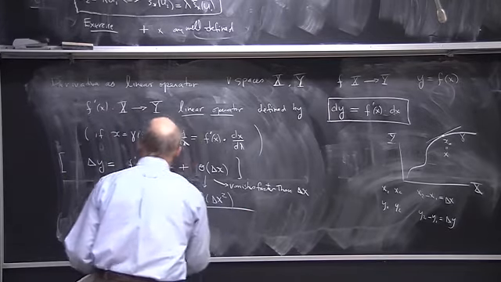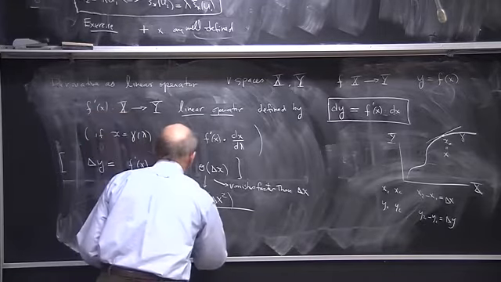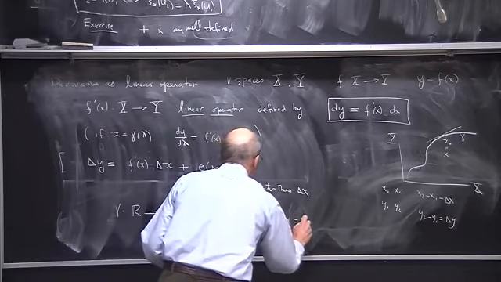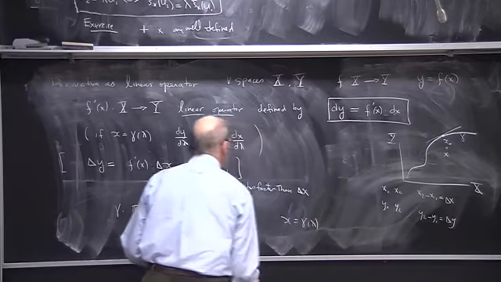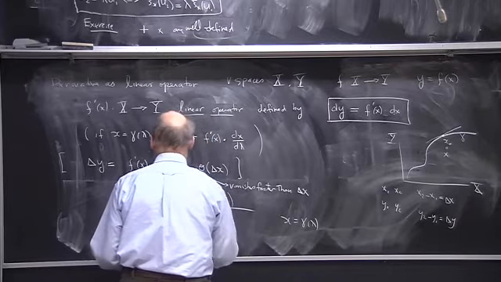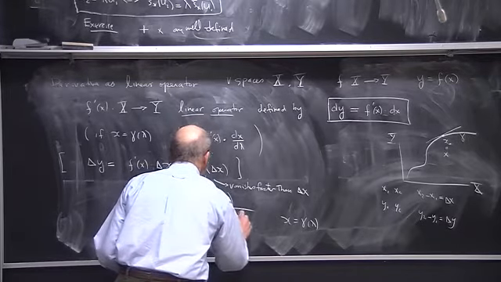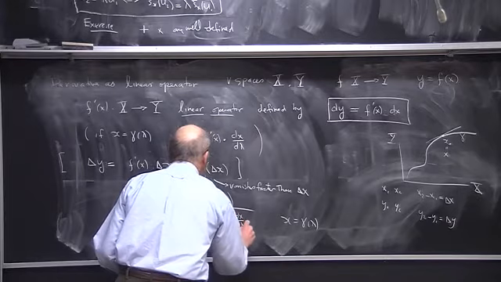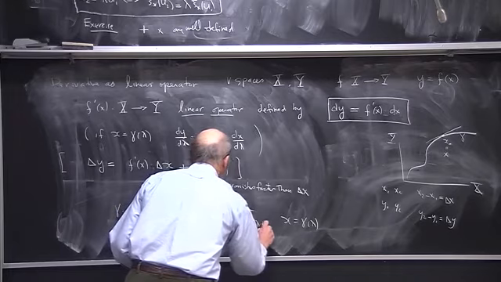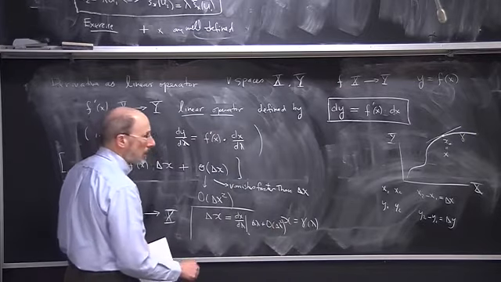So if we redo the same thing for this special case where x has become R and y has become x, then we would have x equal to gamma of lambda. We'd have delta x equal to whatever you want to call the derivative, dx d lambda at 0, let's say, times delta lambda plus, I'll just make it order delta lambda squared for simplicity. But that's really what it's saying.